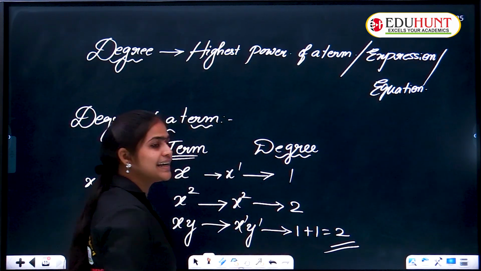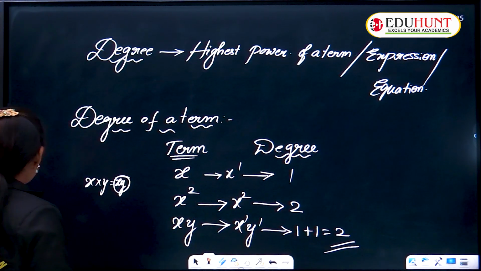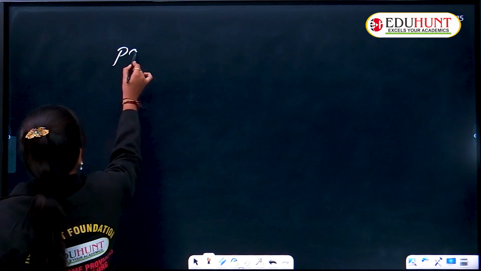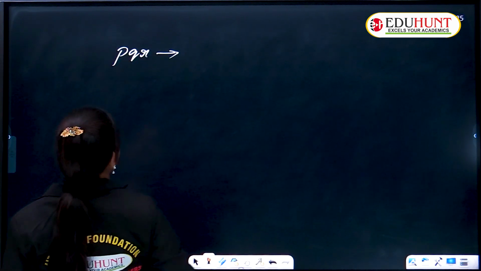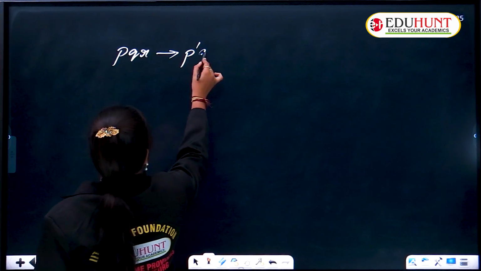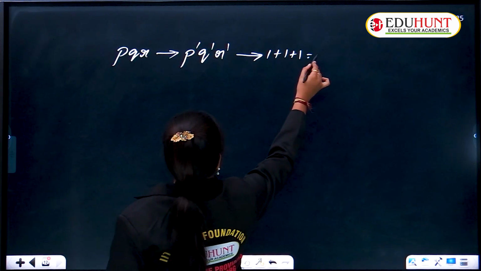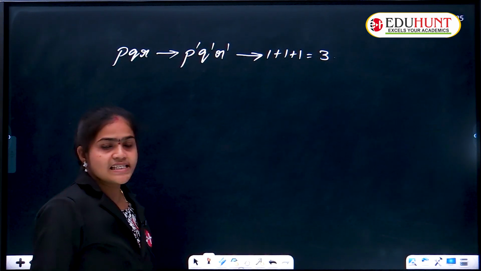So the degree is 2. In the same way, pqr: p power 1, q power 1, r power 1. Then the degree is 1 plus 1 plus 1 is equal to 3.